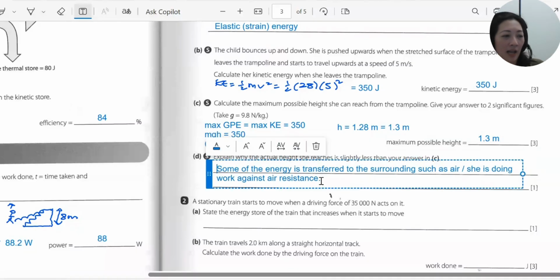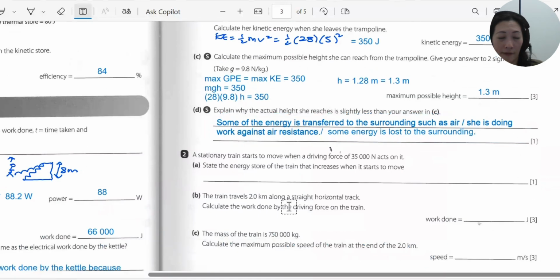If you wrote what I said just now, that some energy is lost to the surroundings, it's also accepted. Something to this effect. Let's go on to question 2.